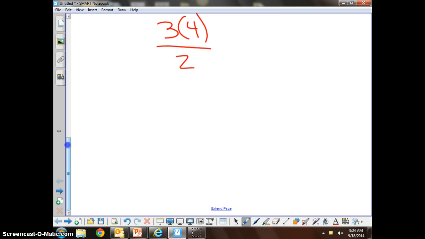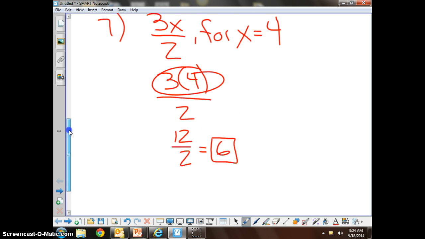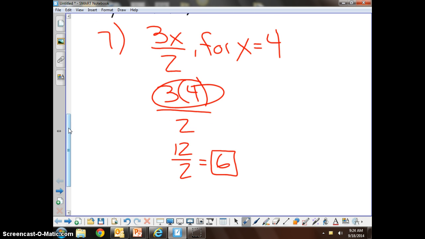So the next step when you have 3 times 4 divided by 2 would be order of operations. And since it's multiplication or division, you just start with the top one in this case. So you do 3 times 4 first, you get 12 over 2, and 12 over 2 is 6. So you're simply substituting in for the variables.